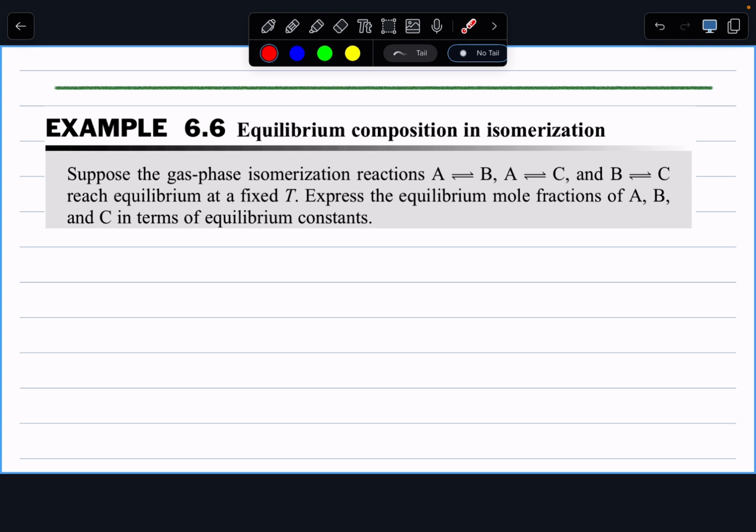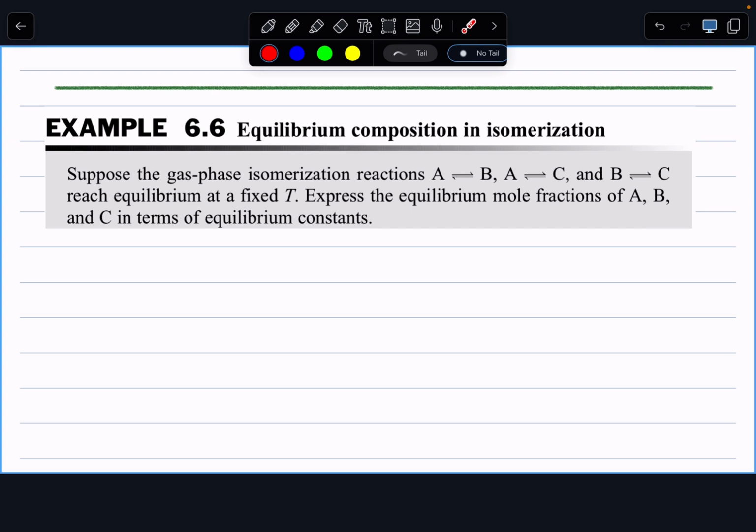So going back to this original equation, we have chi A plus chi B plus chi C equals to 1. Now, do we have a relationship between chi A and chi B linked with equilibrium constant?